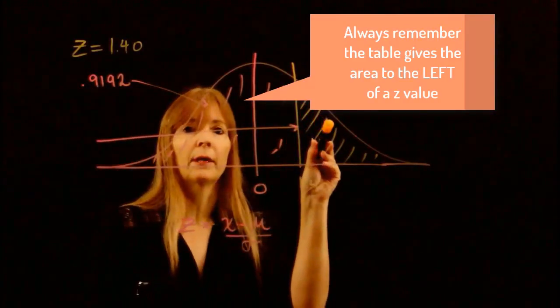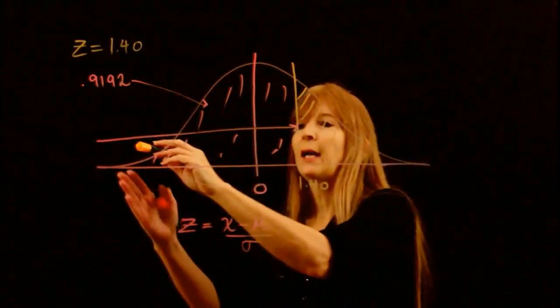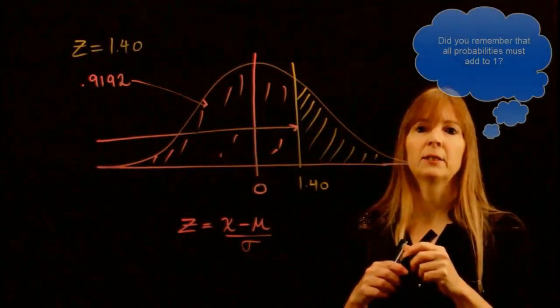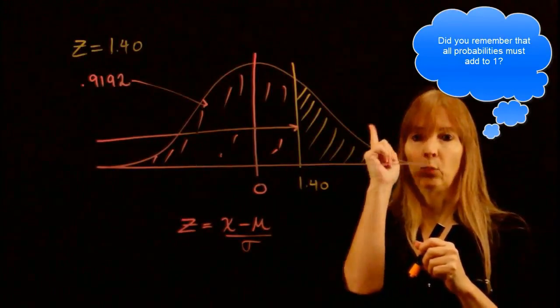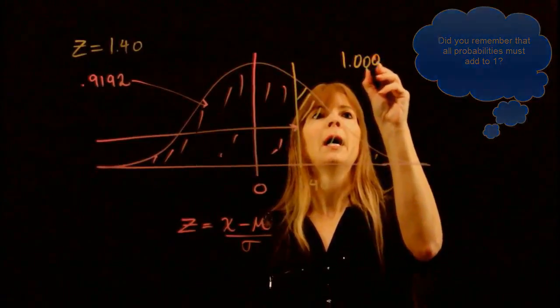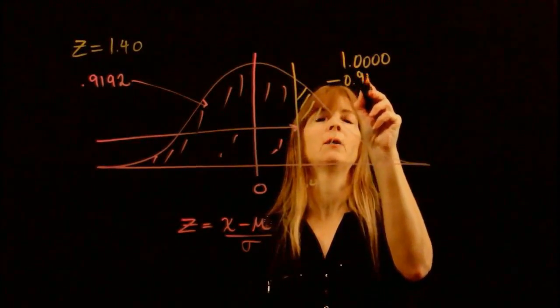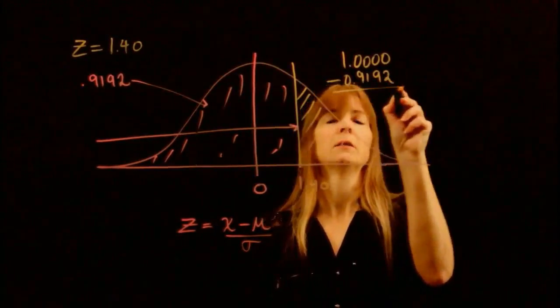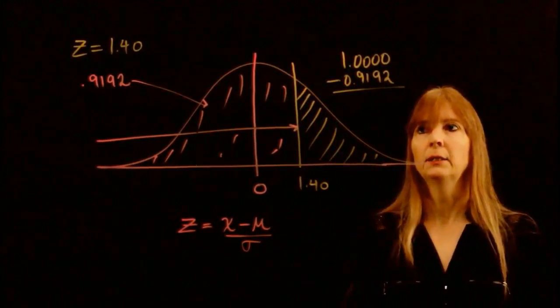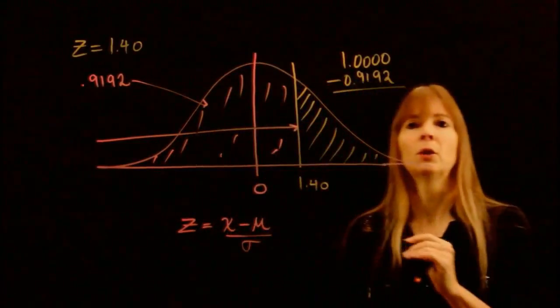Well, I want this area. So how do I find this area over here? Well, I know all probabilities have to add to what? Uno, right? 1. So I could take 1 and I could subtract this 0.9192. Okay, so remember all probabilities have to add to 1.